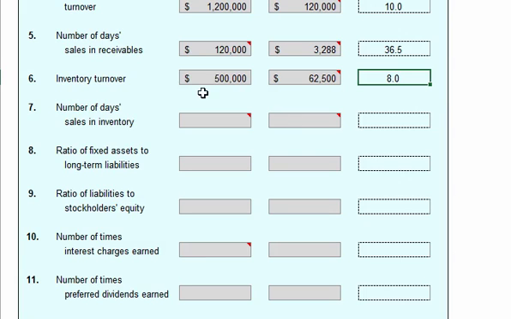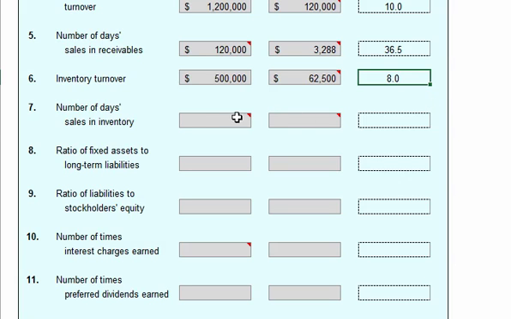So for instance, a jewelry store could get by with low inventory turnover because every time they sell a piece of jewelry, the markup is really high. On the other hand, a grocery store, their markup is really low, so they have to turn over inventory numerous times during the year to be profitable.